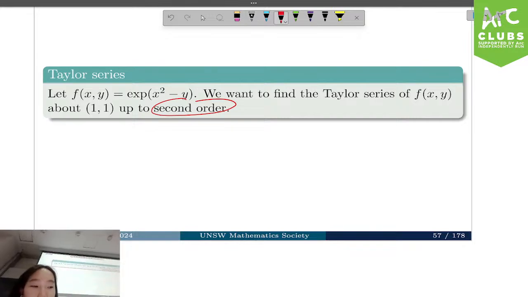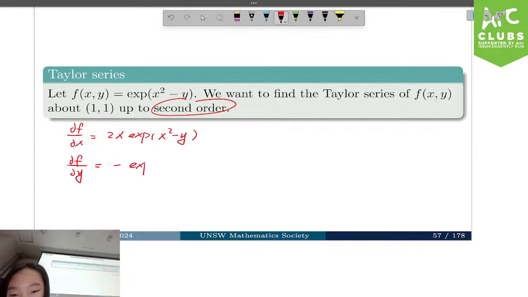So our first step is to find the partial derivative with respect to x. What we have is 2x times the exponential e^(x² − y). And then we take the partial derivative with respect to y. We have negative e^(x² − y).